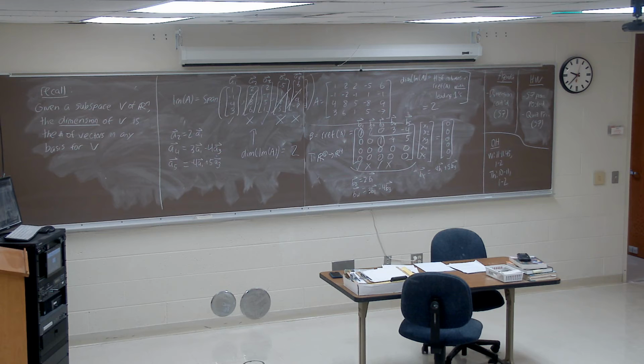And the proof of this just boils down to this: this is the number of columns in the reduced row echelon form of A without leading ones. This is the number of columns in reduced row echelon form of A with leading ones. And if you add those together, you're always going to get the number of columns in A.